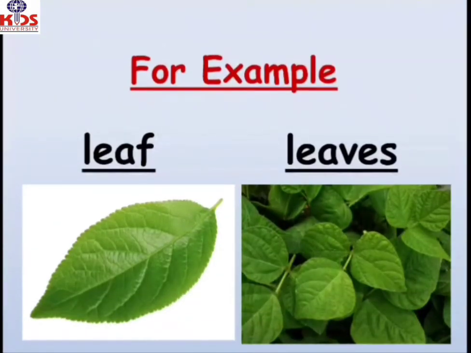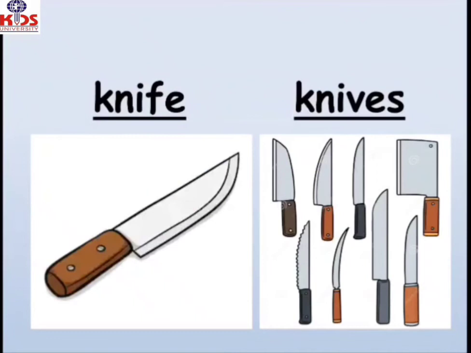For example, the noun leaf ends with f, so we have added ves instead of f in its plural form. The plural form of leaf is leaves. The singular noun knife ends with fe, so the plural form of knife is knives. We have added ves instead of fe.